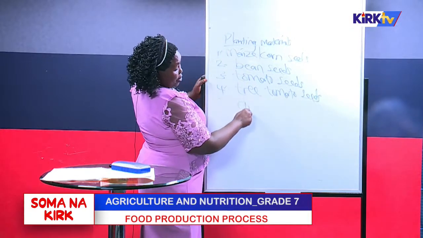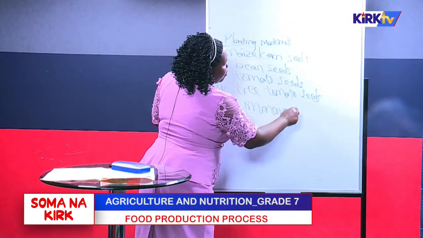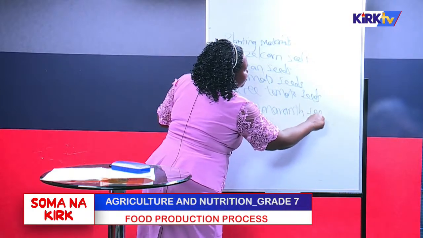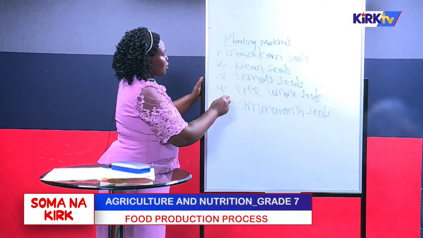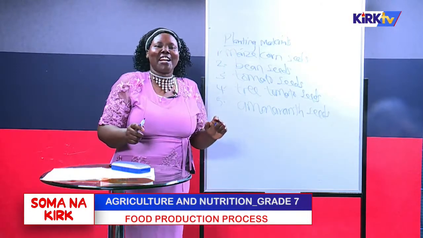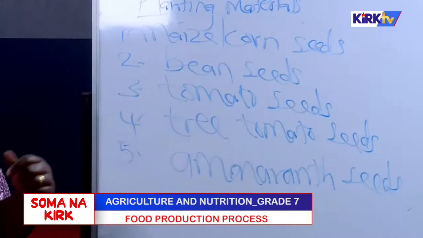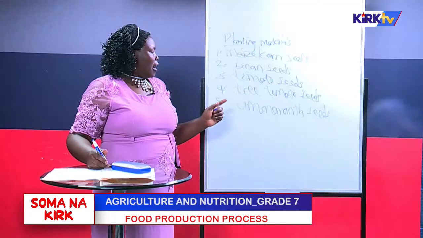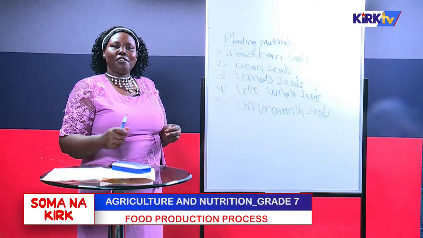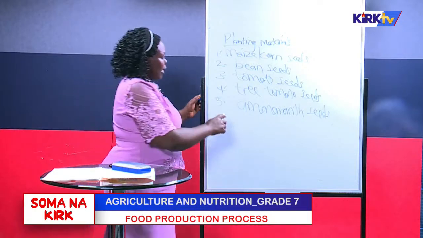We can have amaranth seeds. Now, tree tomato fruits that are reddish in color, and in local language we used to call them matunda ya damu. Amaranth ni terere. They are vegetables we normally use. And we could have even banana suckers.